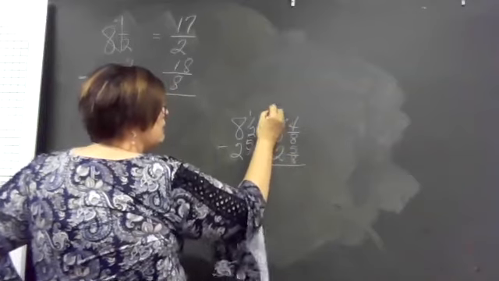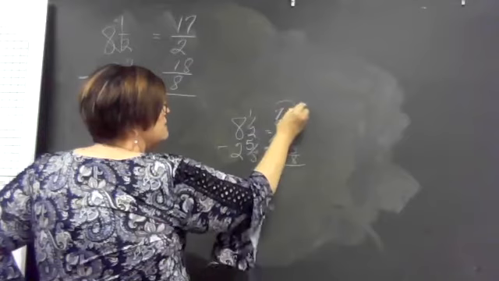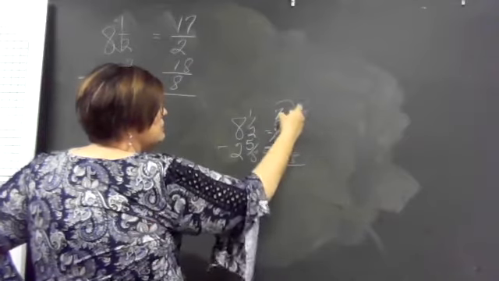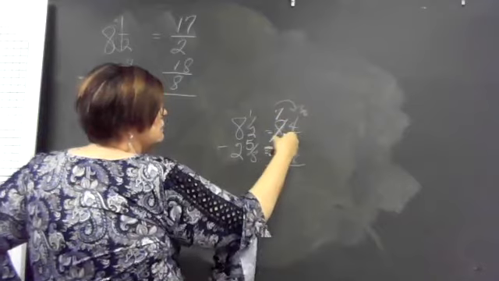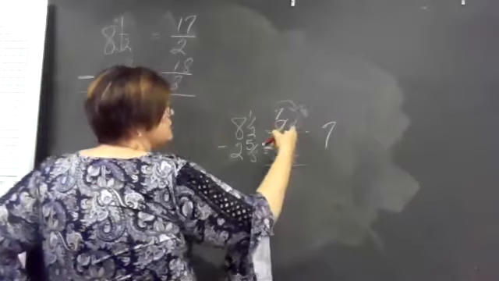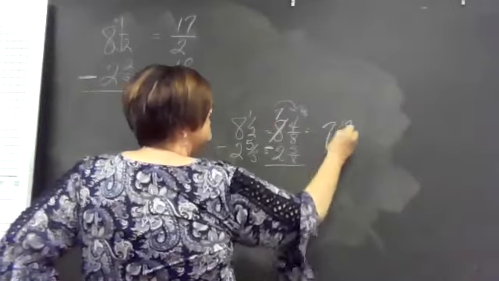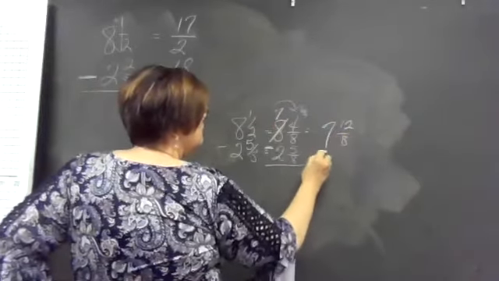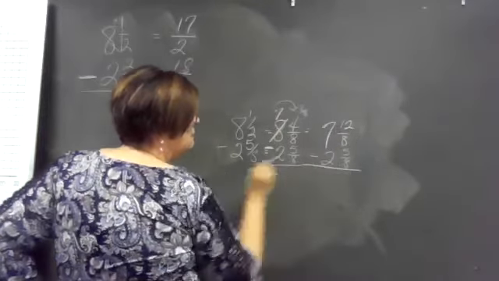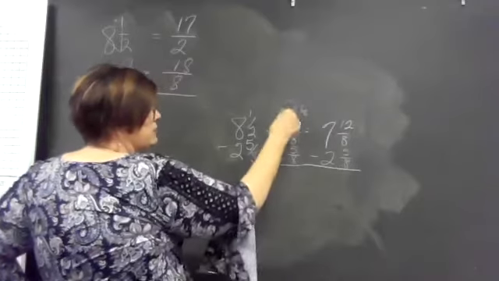So I'm borrowing 8 8ths. I'm borrowing 1, but I have to change it into 8ths. So now I have 7 and 8 plus 4 are 12 8ths, minus 2 5/8. Do you see the borrowing process?